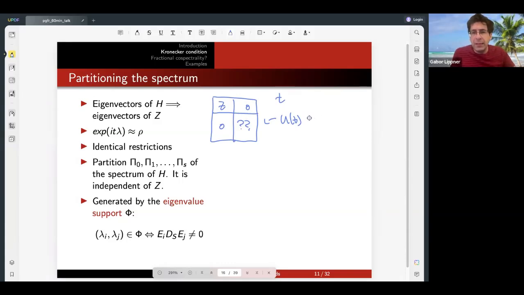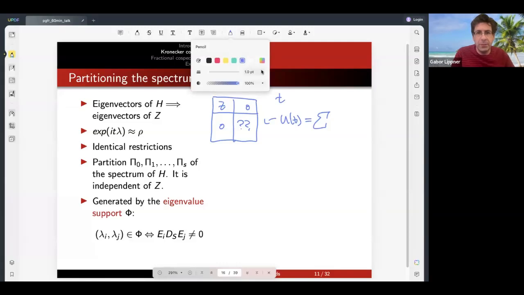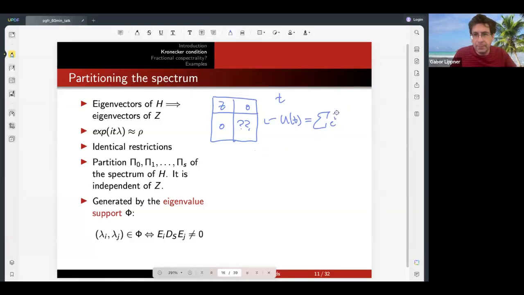But since U(t) can be written in a spectral decomposition form, if we have eigenvectors phi_1 through phi_n and eigenvalues lambda_1 through lambda_n, then we know that we can express U of t this way.